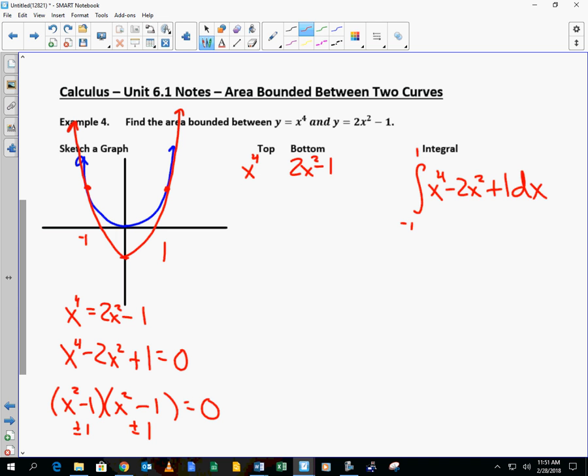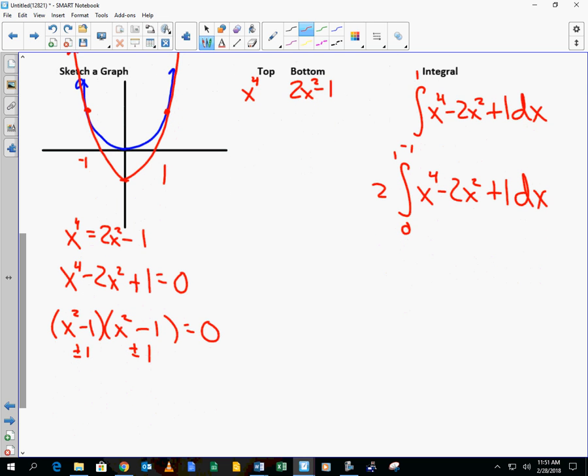So therefore, what we can do is go from 0 to 1 and double it. Nice job. That's actually a theorem that I haven't brought up, but when we talk about the definite integral, if it's symmetrical, then you can simply go from 0 to that number and double it, which is a nice option.